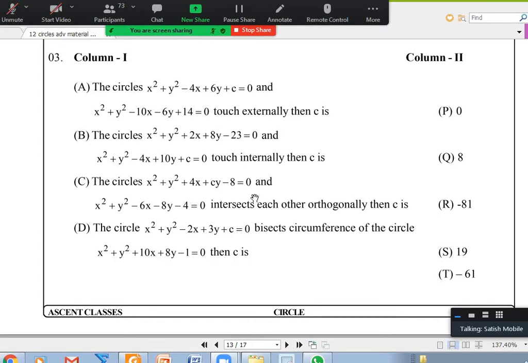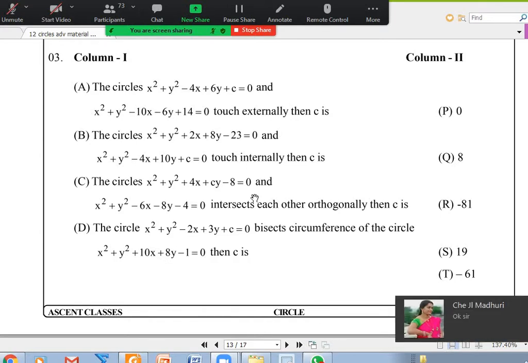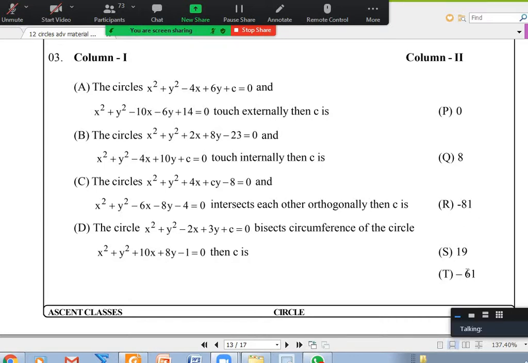So orthogonality you can solve, we'll get the C value. This is minus 12, this is minus 4C, this is minus 12. So C is 0.